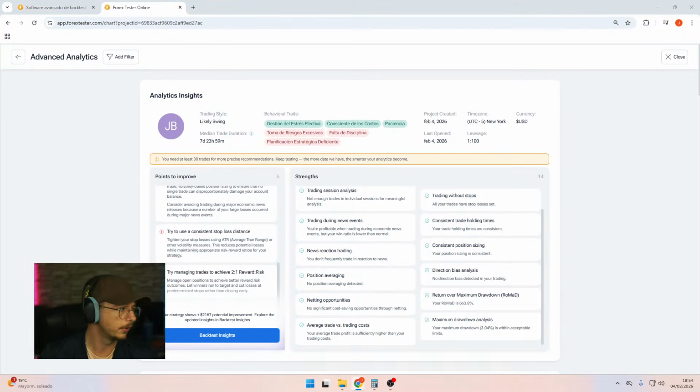Either way, let me just check this out here. What have we got? Have you tried trailing stops on your trades? Obviously, yeah. I tried trailing stops, closing by time, any type of break even.